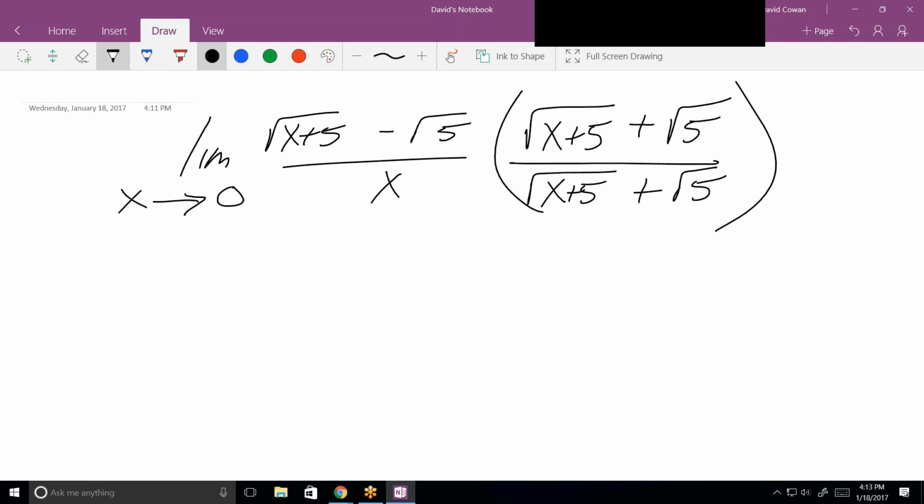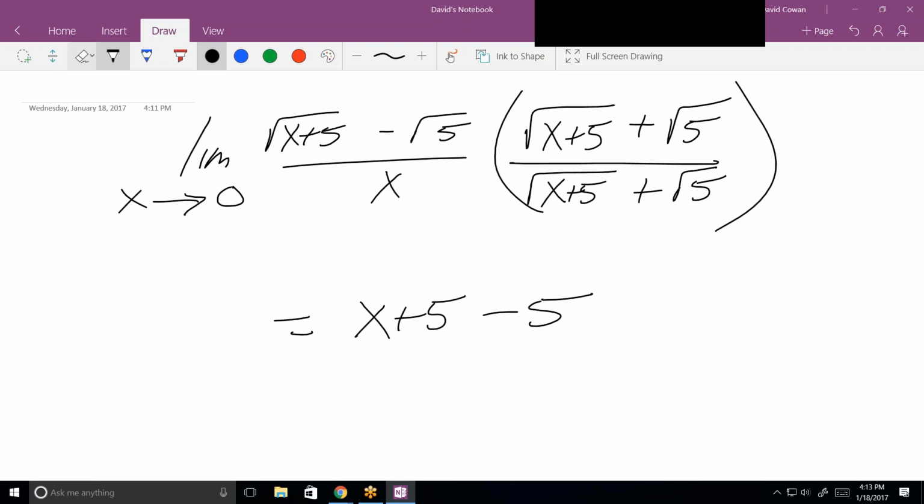Now, the reason you multiply by the conjugate is because notice what the top becomes. What's this top by that top equal to? Just x plus 5 plus 5. Exactly. Actually, it's x plus 5 minus 5. Oh.